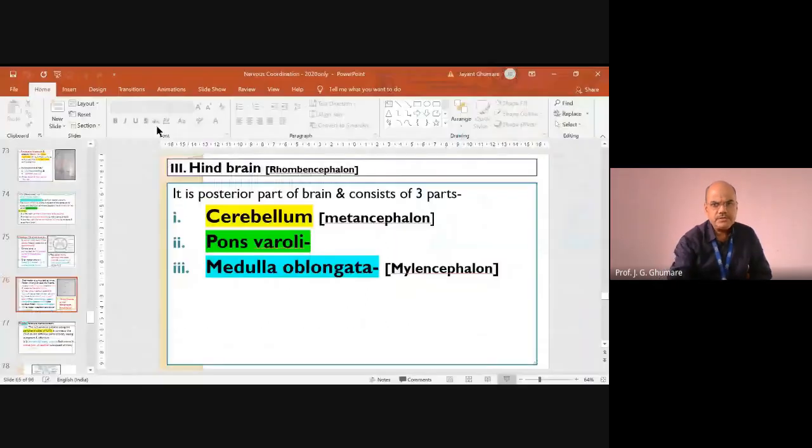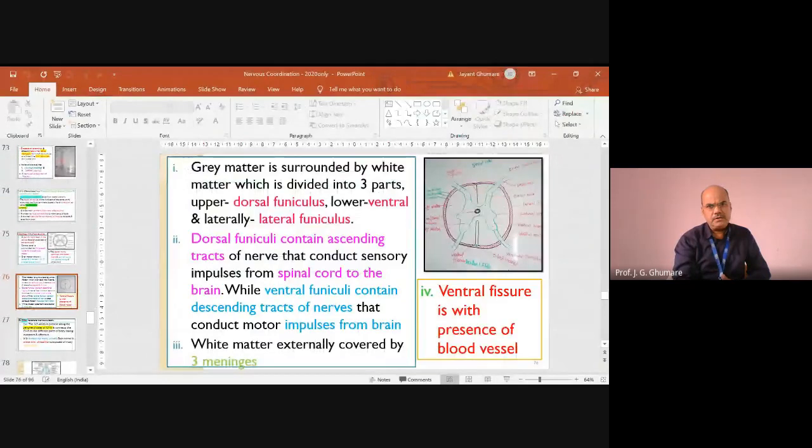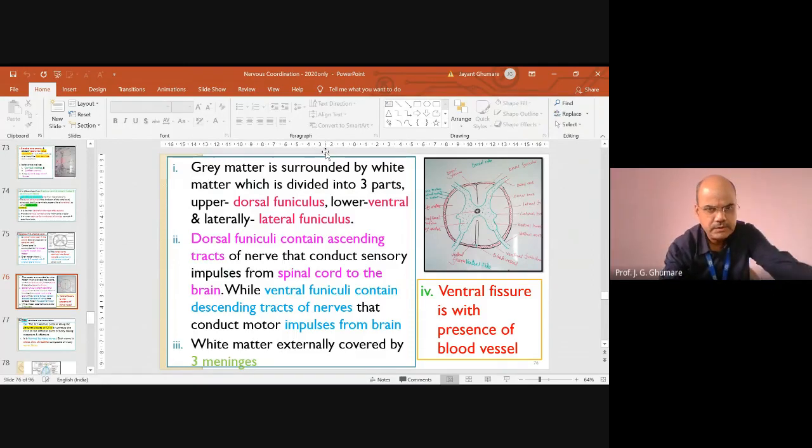What we discussed today: we discussed the last part of the brain, the hind brain, which is made up of three parts. In addition, we discussed the spinal cord in detail.